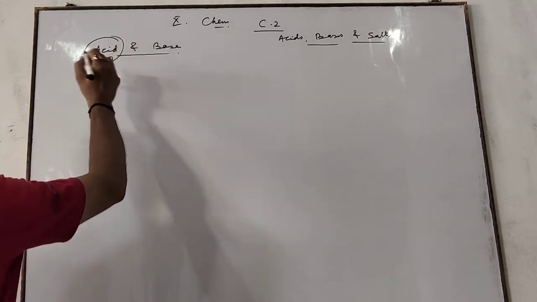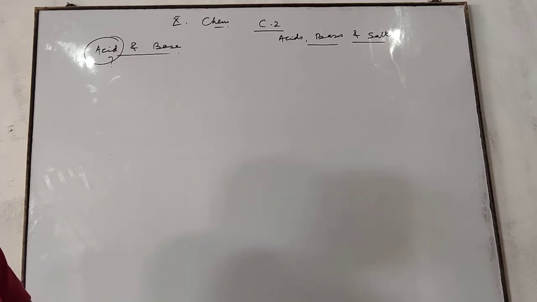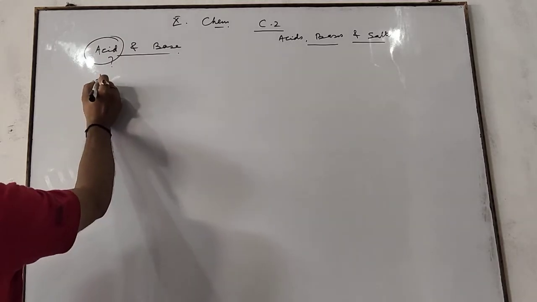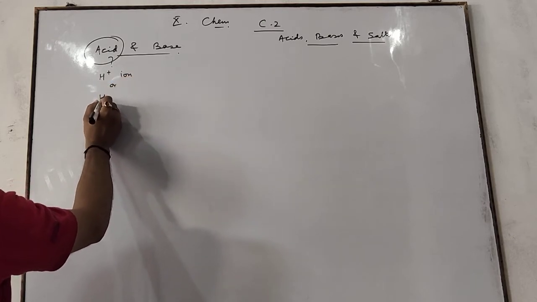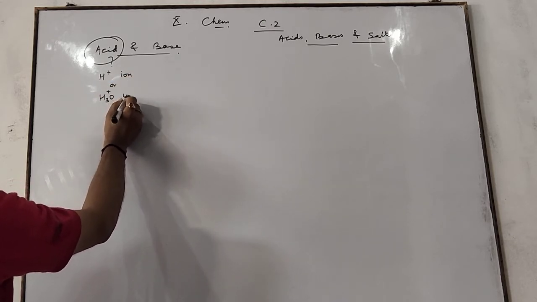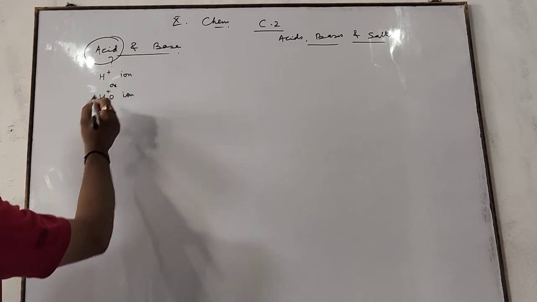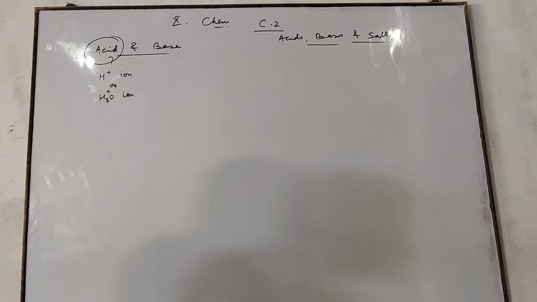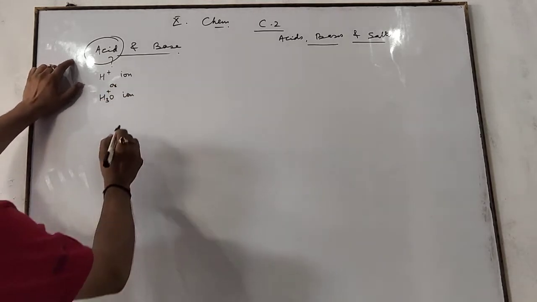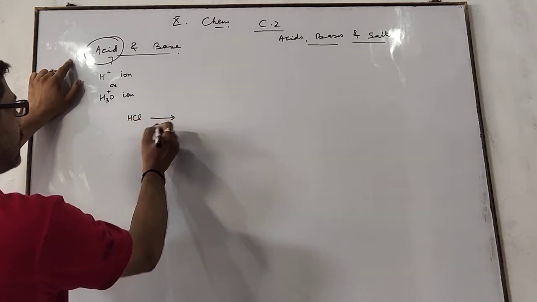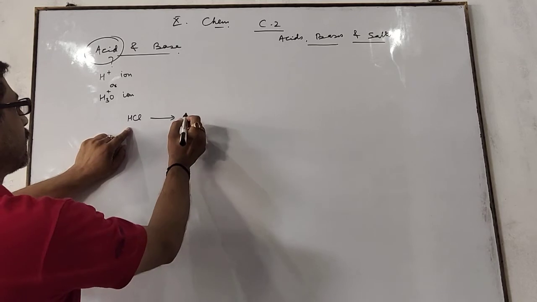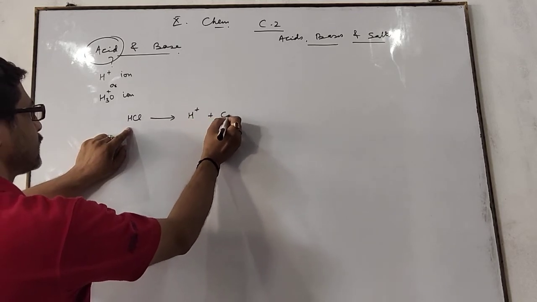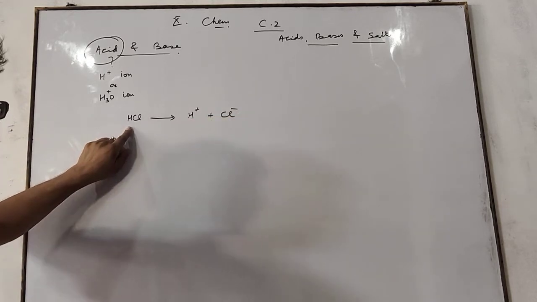First of all, what are acids? Acids are those substances which give hydrogen ions, or you can say hydronium ions, in water. For example, HCl is hydrochloric acid because it gives H plus and Cl minus ions.